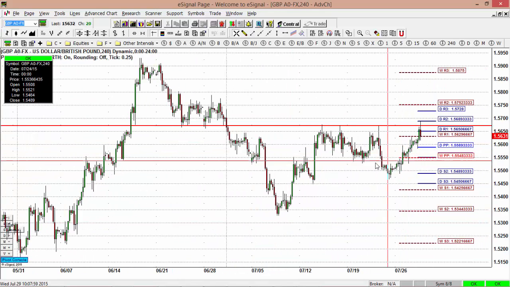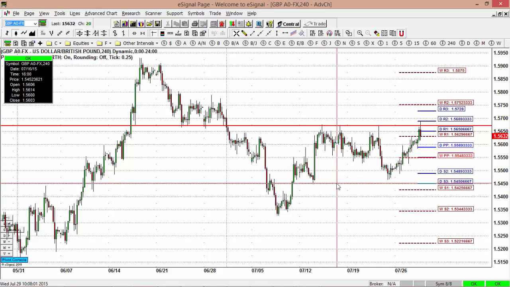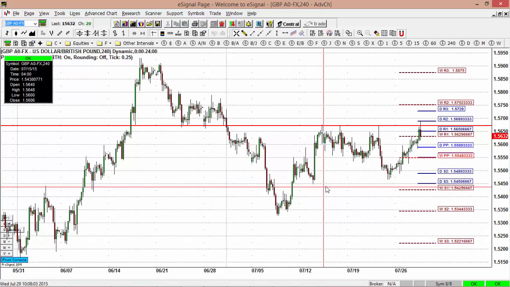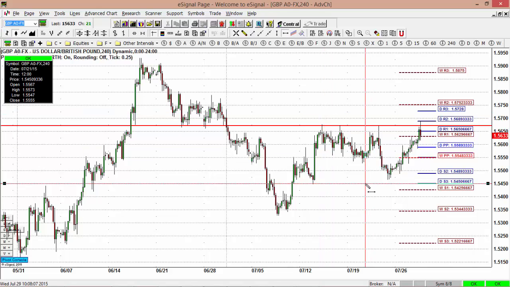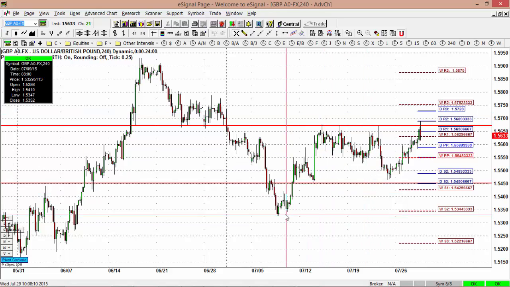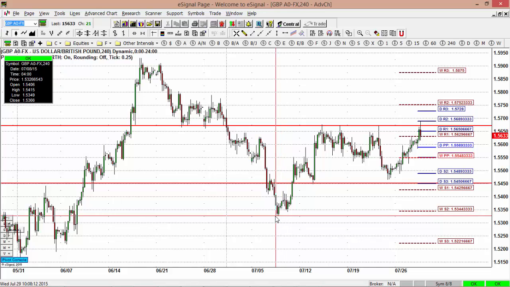So on the British pound, the boundaries are clearly labeled. A close below 154.50 would be very bearish, and we would see a return to this low of 153.50.